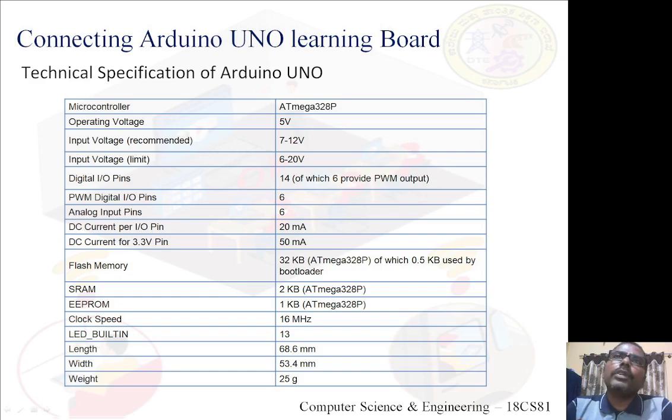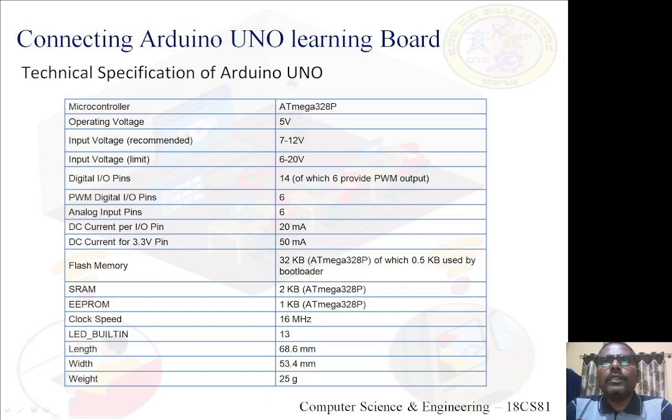What about operating voltage? It's 5 volts, meaning to power on Arduino, it should be supplied with 5 volts. The recommended input voltage is 7 to 12 volts. The input voltage limit is 6 to 20 volts.